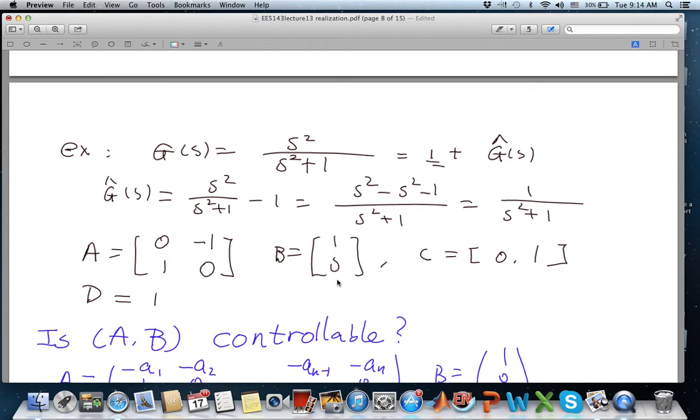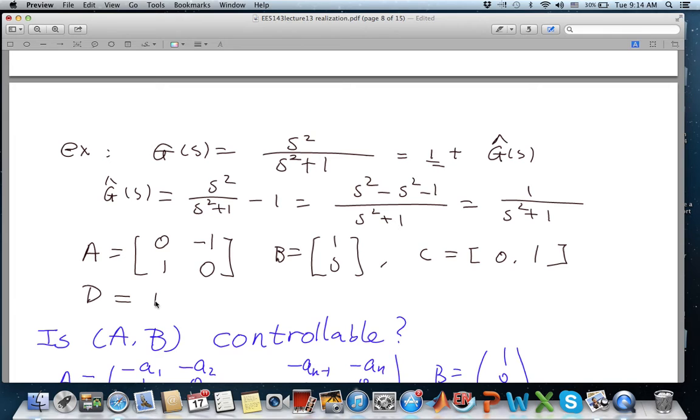B is going to be 1, 0. C is going to be 0, 1. Okay, and then the D matrix here is going to be just one scalar 1.